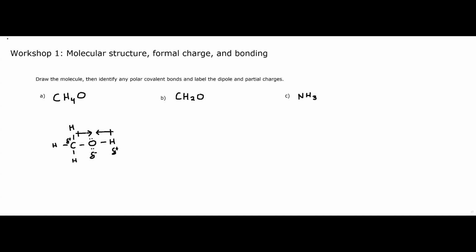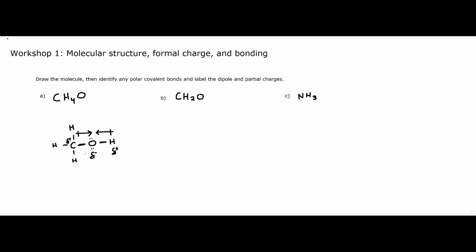Our dipoles are being pulled towards oxygen because oxygen is the most electronegative atom here. Oxygen is pulling electron density through these single bonds closer to itself.